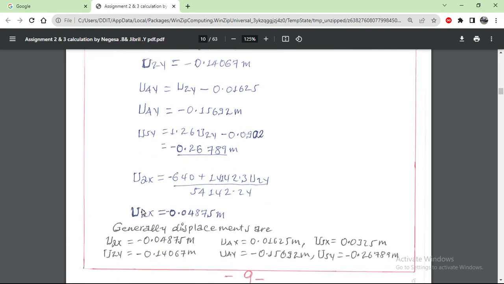Then the displacement at point number 2 or node number 2 in the x direction is negative, which shows compression. Generally, displacements are calculated like this.